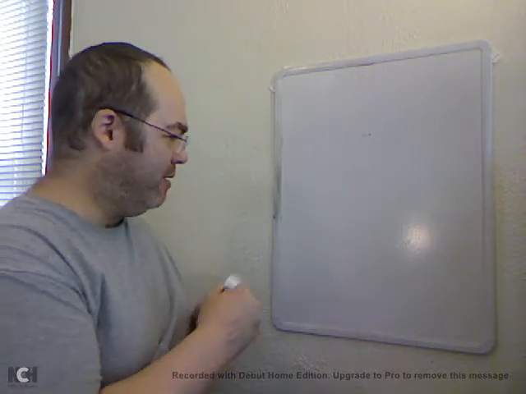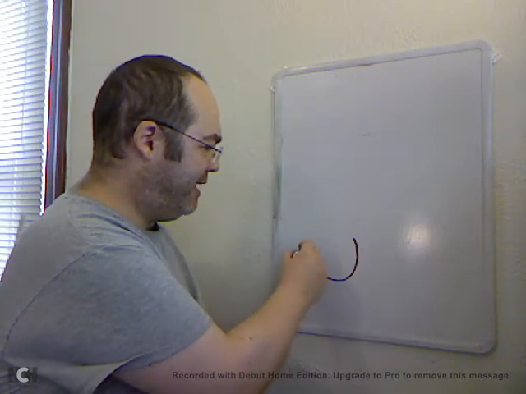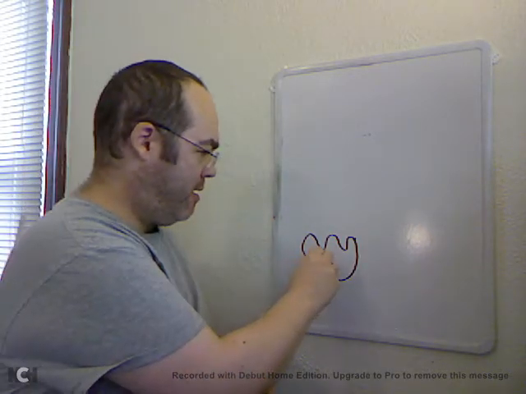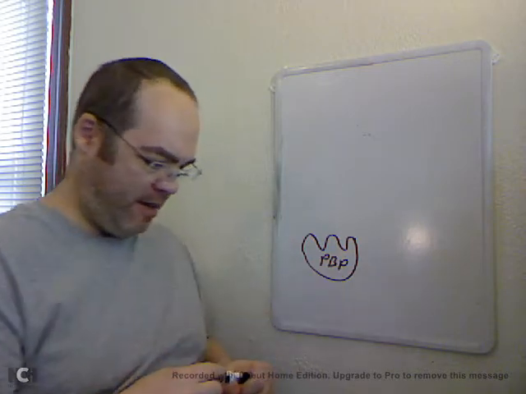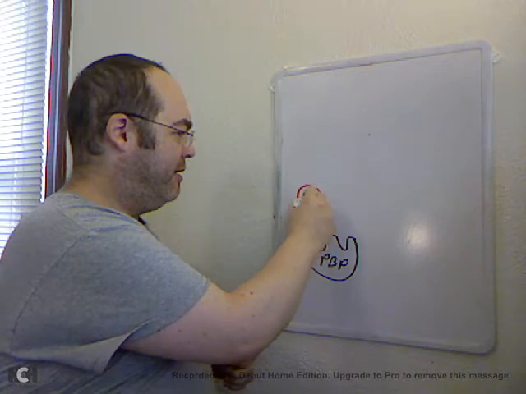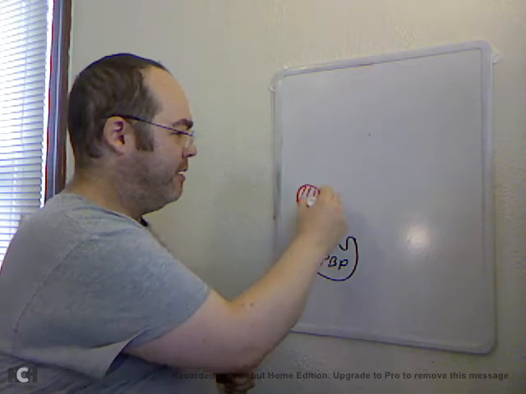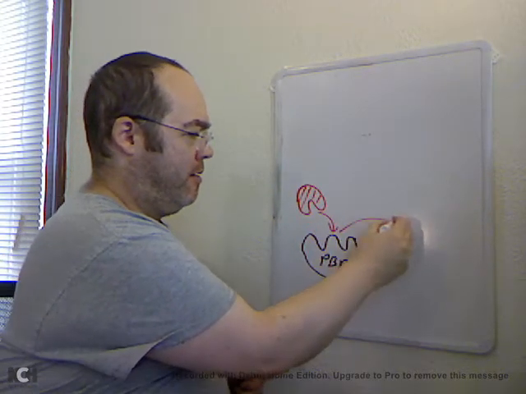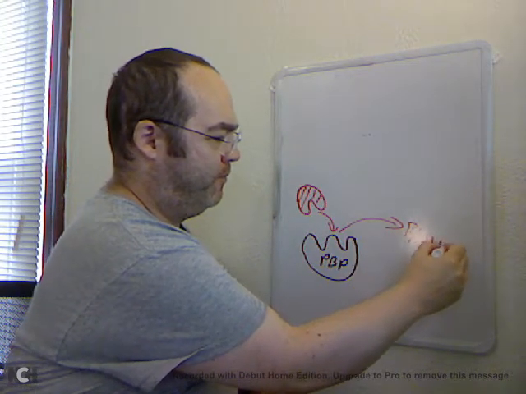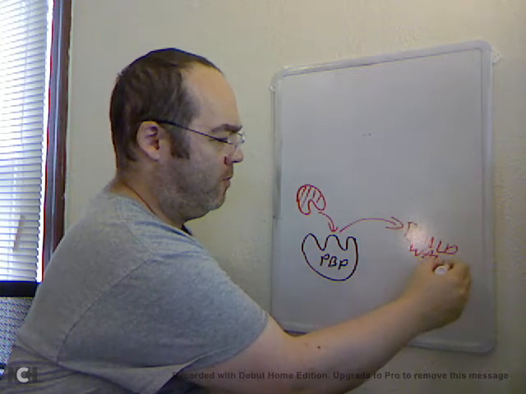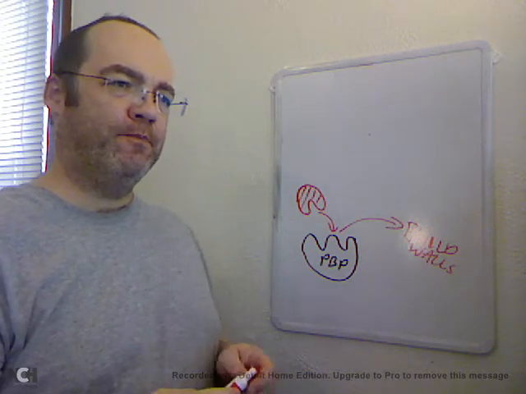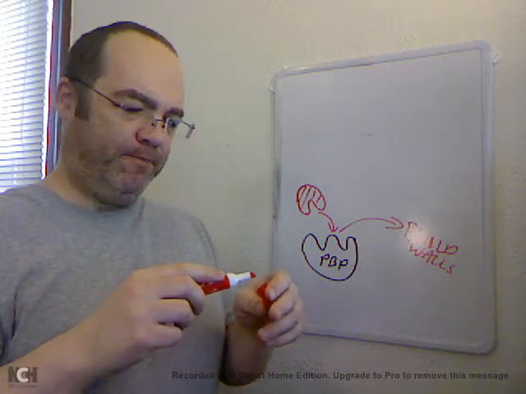We have our penicillin binding proteins, their job is to bind a substrate and then go ahead and build cell walls.